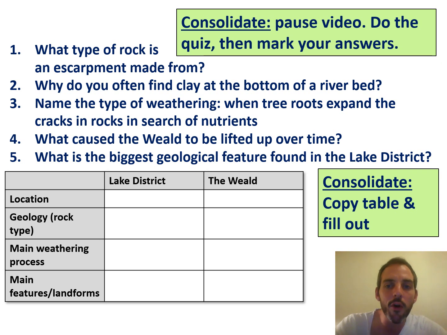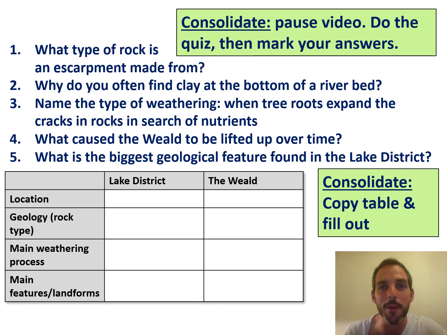To finish this lesson off, I'd like you to do the quiz here. Just write the answers to this. There's not a choice of answers, just write the answers. And then I'd also like you, and this is going to be really good for this final section, to copy out the table there that is a really nice comparison of the Lake District and the Weald. Try and do it from memory if you can, okay?